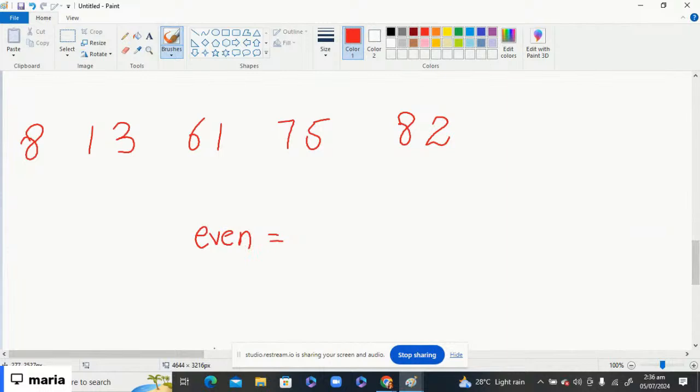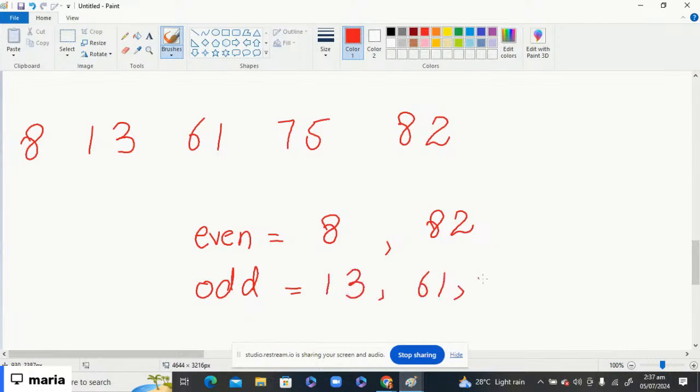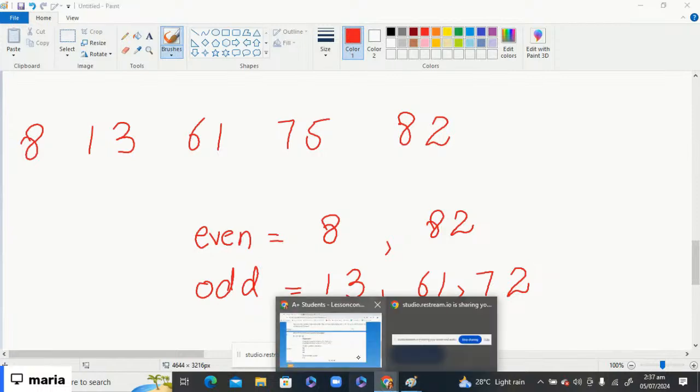I'm waiting. So the even numbers are 8 and 82. And what are odd? The odd numbers are 13, 61, and 75. Very well done. So this is the difference between even and odd numbers.